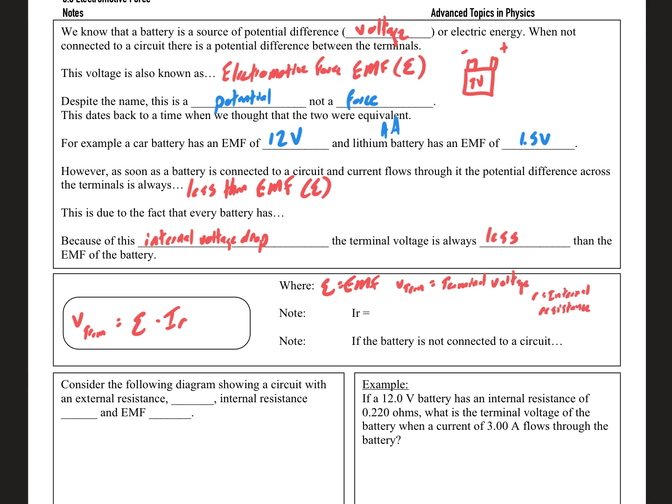So those are the variables we're looking at. Note the Ir in this equation is the internal voltage drop. And if the battery is not connected to a circuit, there's simply no current, which means the terminal voltage is the EMF of the battery.